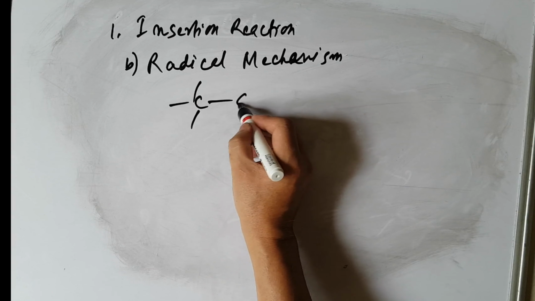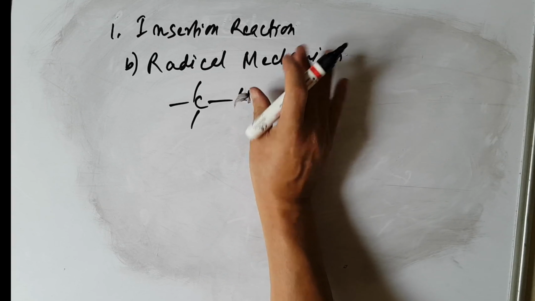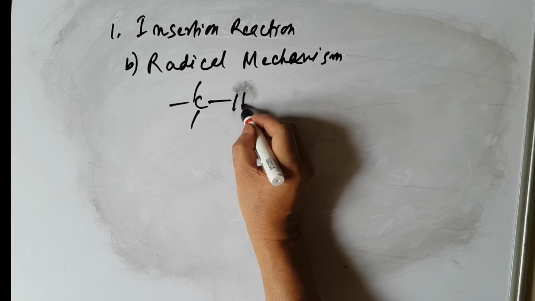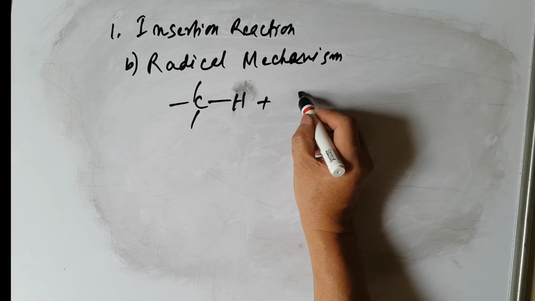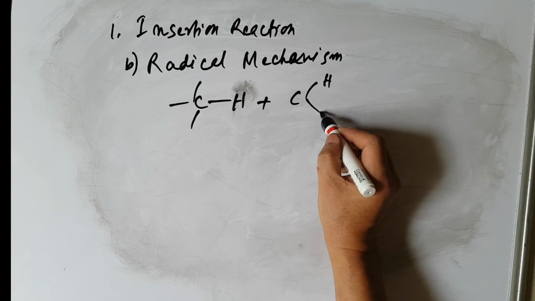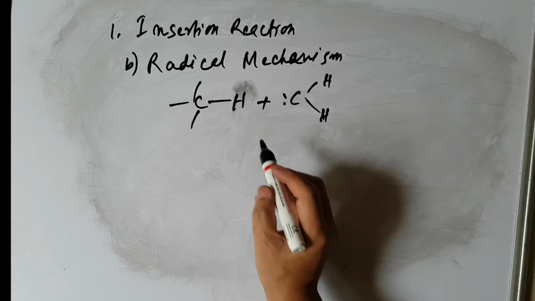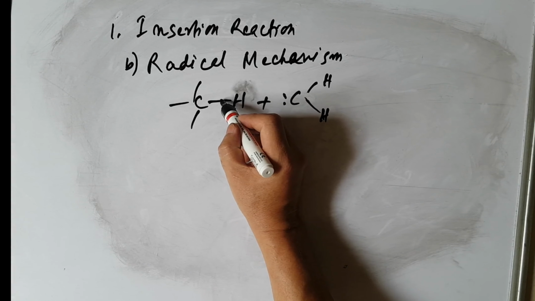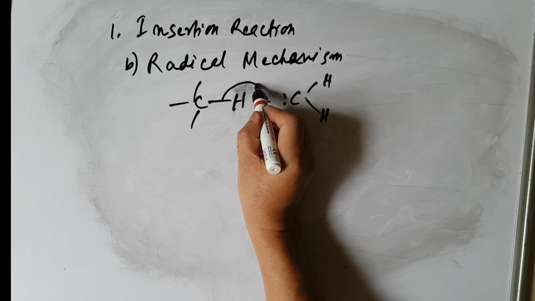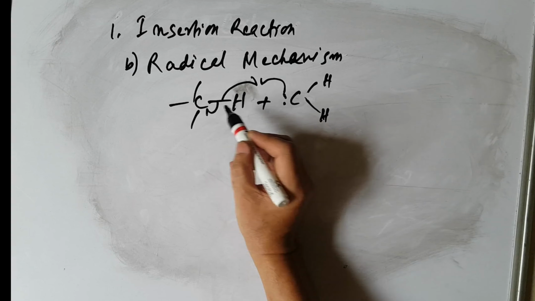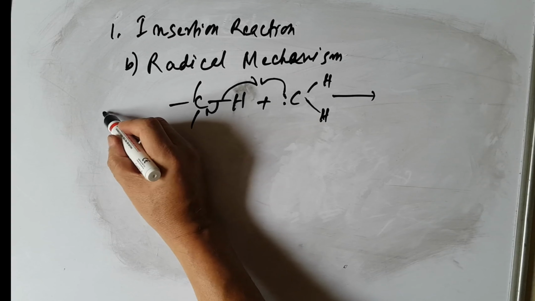This is the C-H bond plus this carbene. So first, this one goes like this, and this one electron has gone, and this another electron has gone like this. So this is the first step.